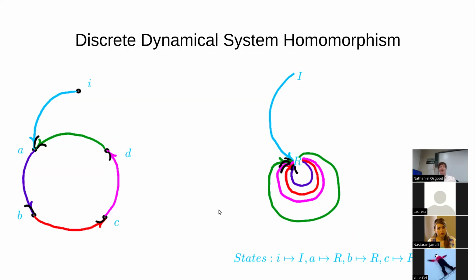Anything other than the I mapped to I? Yeah, so if I doesn't map to I, there's no way to get to I here, and nothing can get to I. So if we mapped I to R and then we map like A to I, that doesn't make sense because here you can go from I to A, but here you couldn't go from the target of I to the target of A, right?